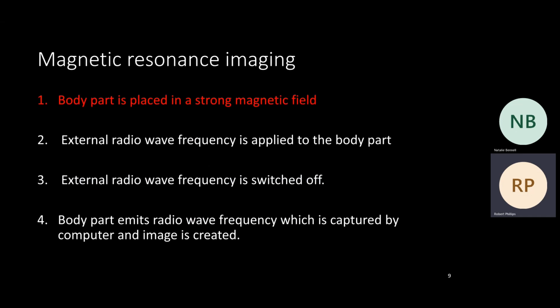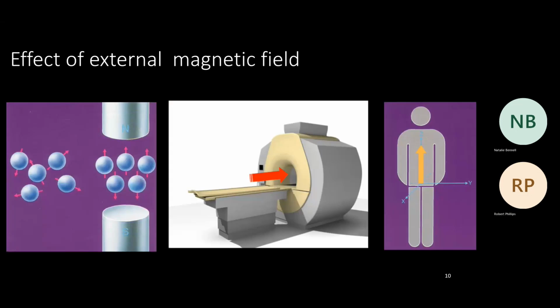That is, we put our body part in the external magnetic field, and those tiny magnets align along the magnetic field. And those scientists were right, that when we put our body part in the very strong external magnetic field, our protons aligned in that particular external magnetic field.